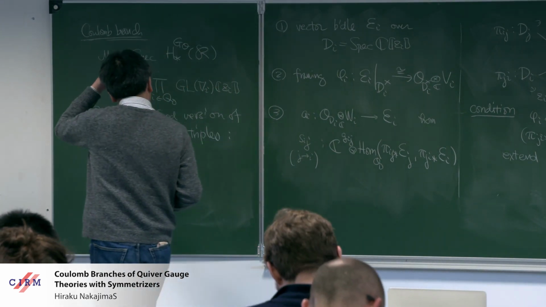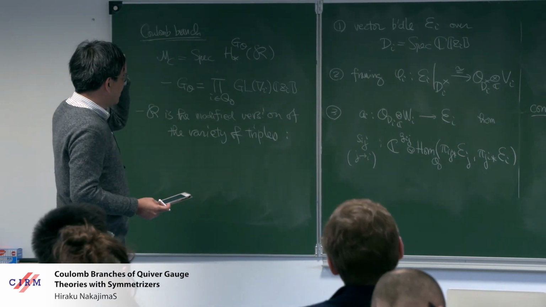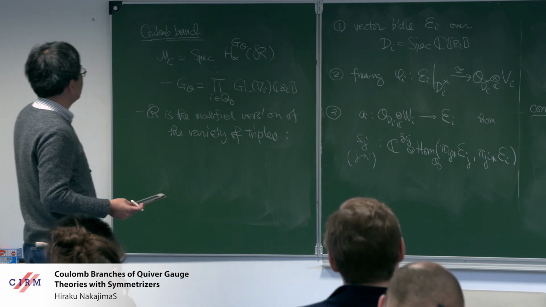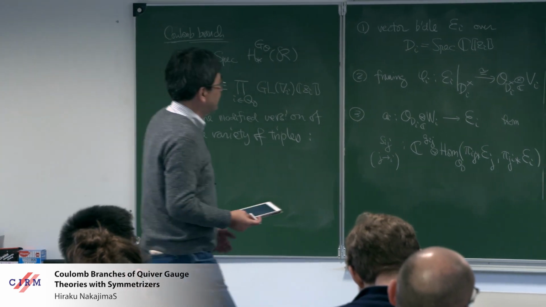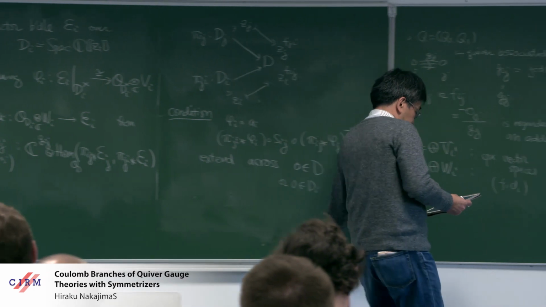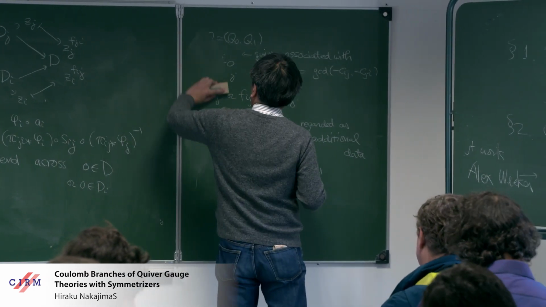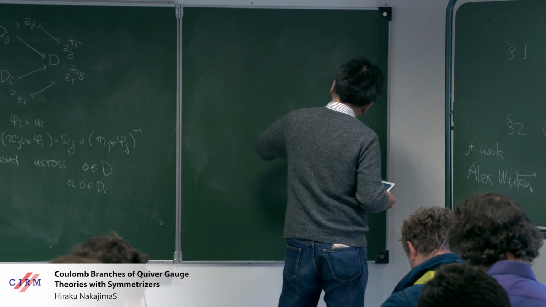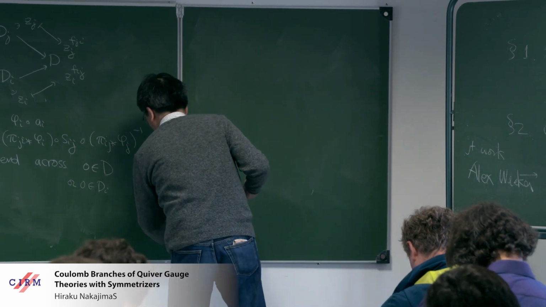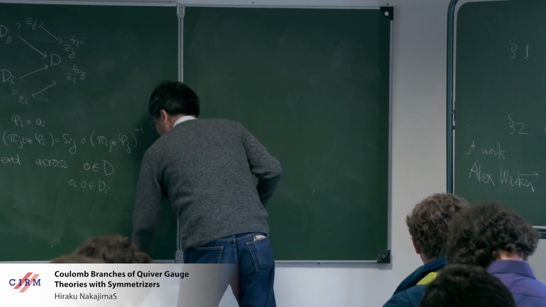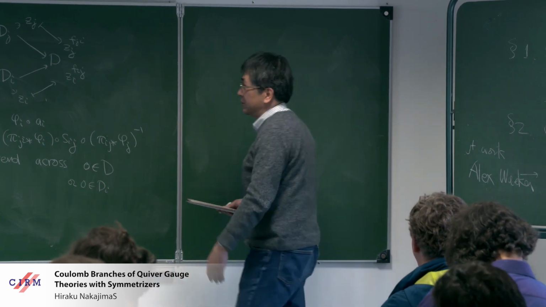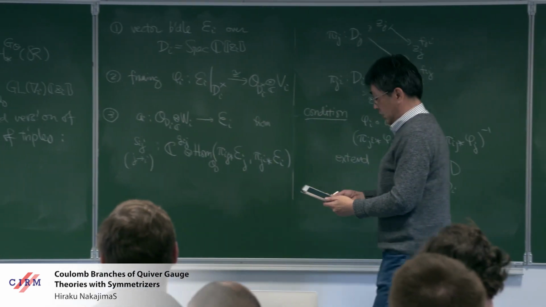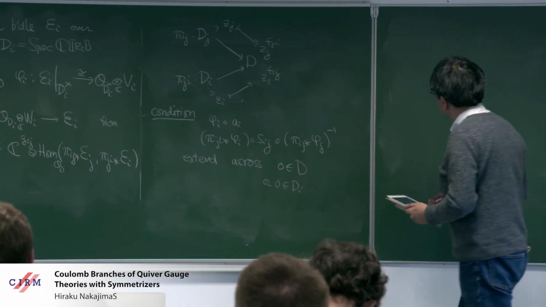And this is a slightly modified version of the total space of affine Springer fibers, and you have the convolution product, and this gives a multiplication on the equivariant homology. So once you have introduced the correct definition, all the remaining part is as usual with the ordinary Coulomb branch.